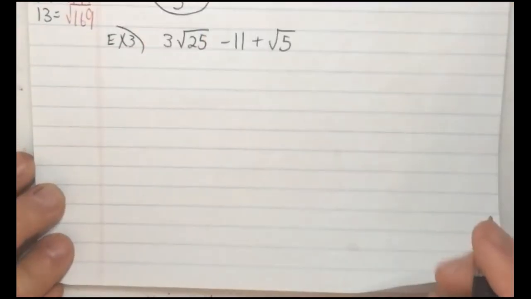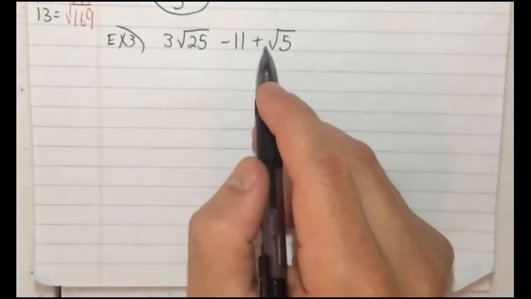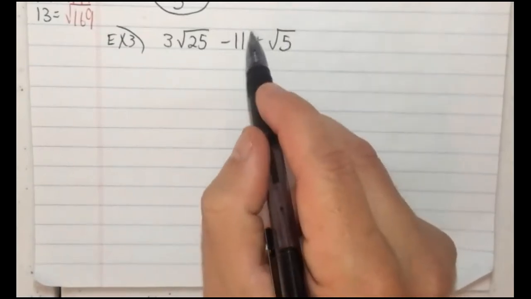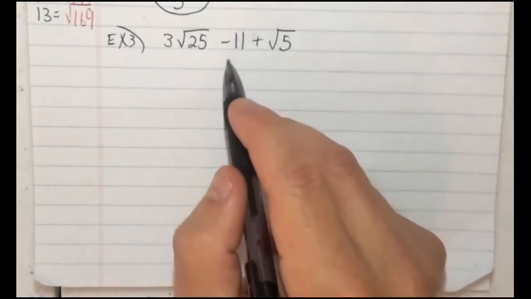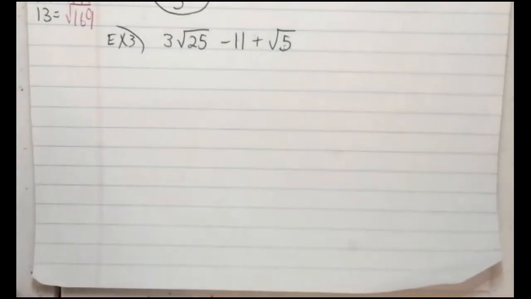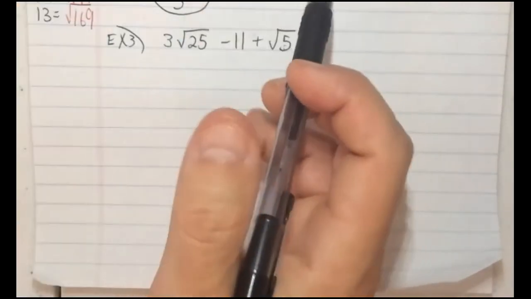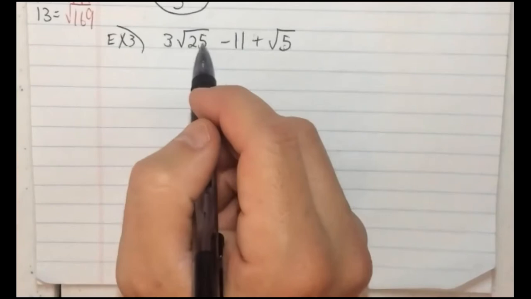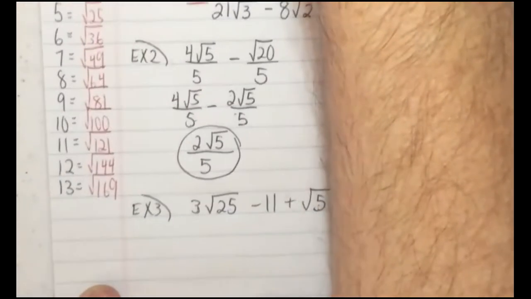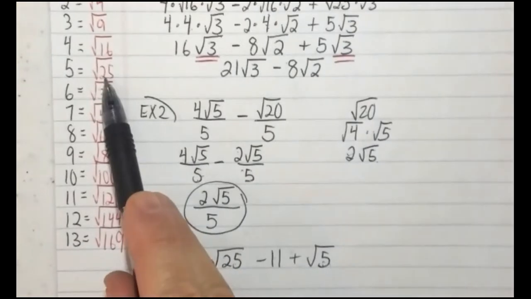All right, 3 square root of 25 minus 11 plus square root of 5. Obviously, this is a constant. It's already simplified. Square root of 5 is in a simplified form. So we have 3 square root of 25. But what you notice about 25 is it's one of our perfect squares. Square root of 25 equals 5.